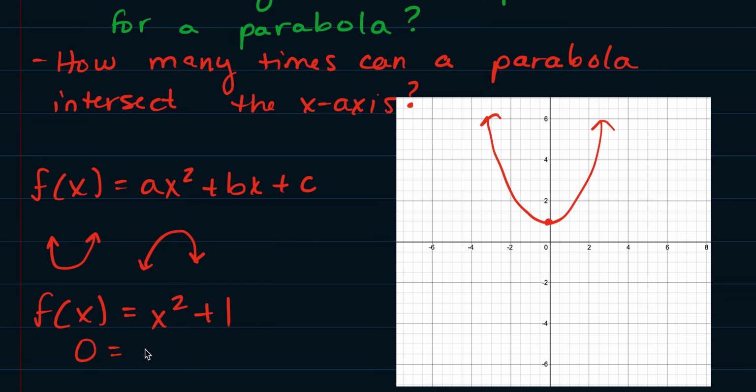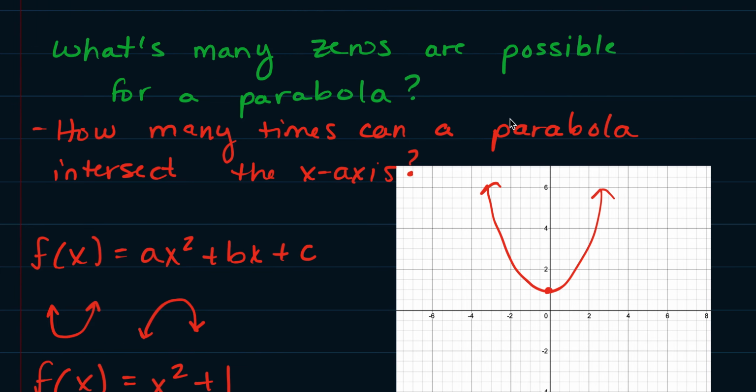If you set this equal to 0 and solve, you'll get a number being squared as -1. There's no solution to this equation here. So it's not possible for this parabola to go through the x-axis. So for this particular parabola, you have no zeros or no x-intercepts.